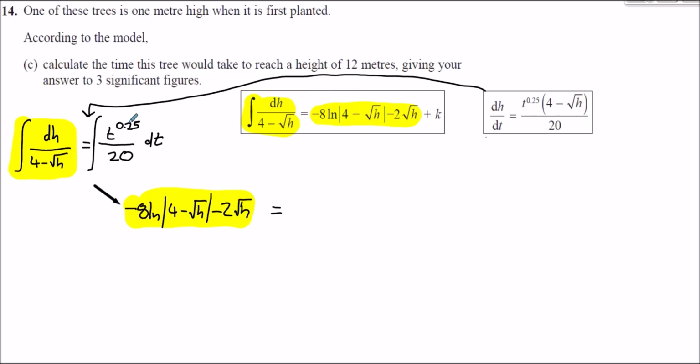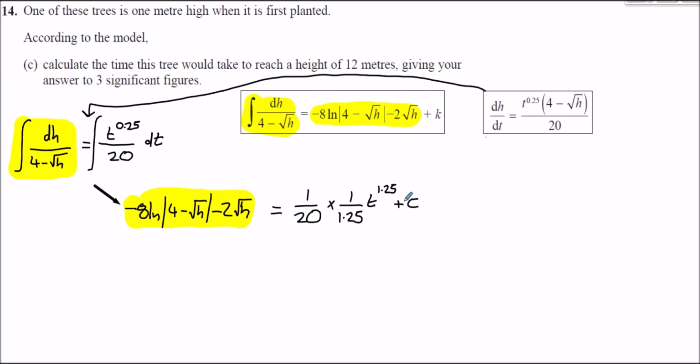This is just essentially just t to the quarter integrated. So this is going to be over here. I'll take the 1/20th to the outside. And now if I just increase the power of this by 1 to 1.25 and divide by that new power, I'm going to get 1 over 1.25 times t to the 1.25 plus some constant of integration.